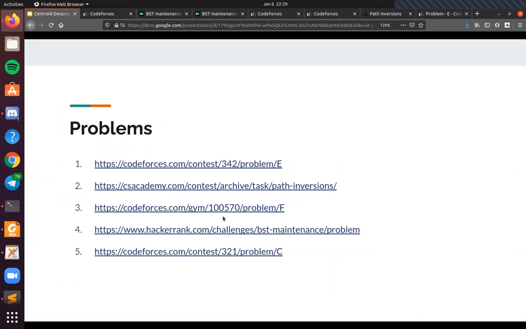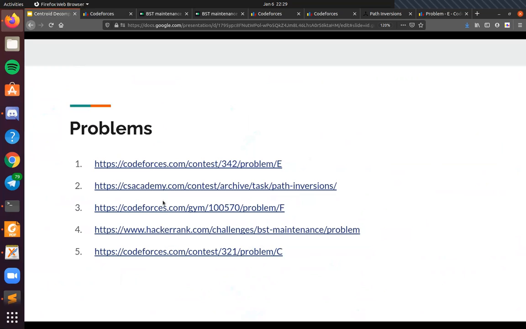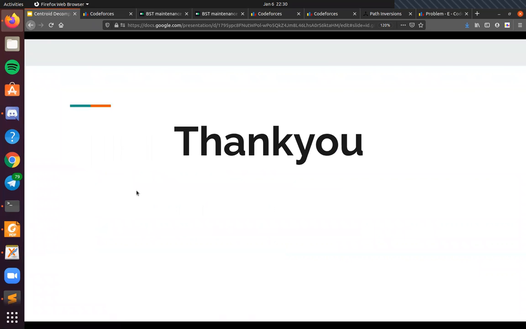Why am I not able to open this link? No idea. Gym links do not open properly. No, but I did solve this problem. Try opening the gym code, remove the problem part, like copy till the 70. Okay.